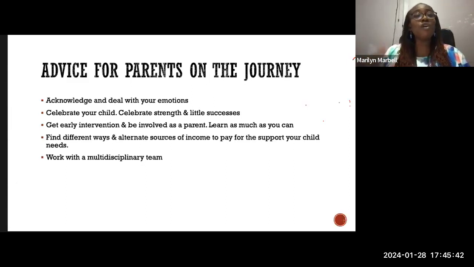And the only way to be involved as a parent is when you have acknowledged and dealt with your emotions. You may not finish, but at least you've acknowledged them and gotten the strength to continue. So get involved as a parent. Don't leave it. If you leave it, it won't be done. Learn as much as you can. Find alternative sources of income, because unfortunately in our country, a lot of these things, in fact all of them, are not free.